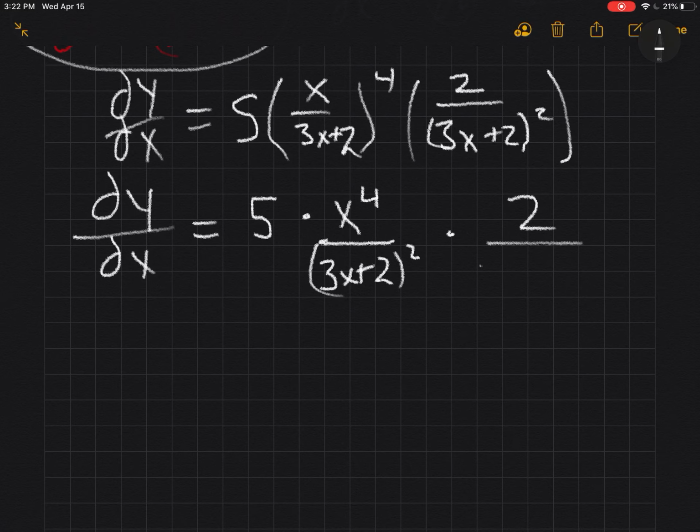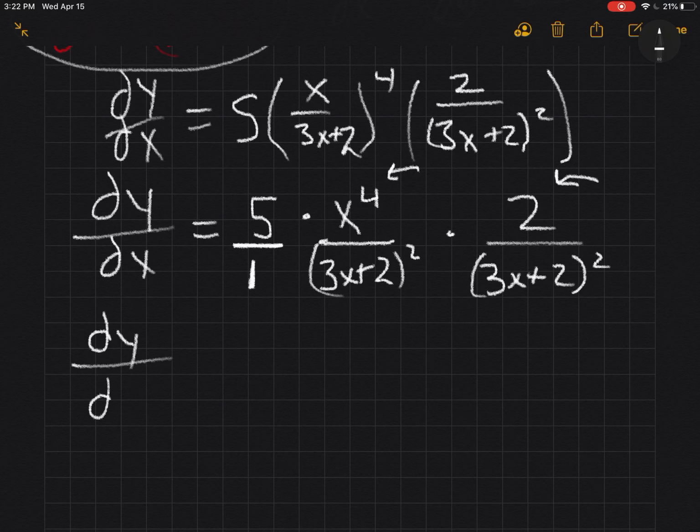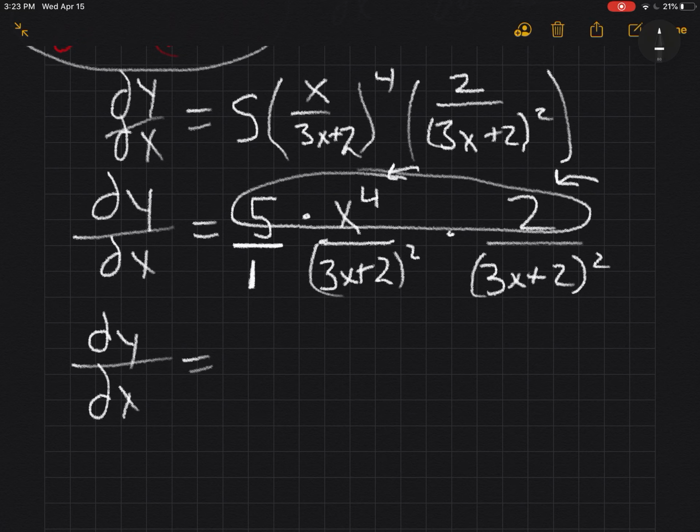So then we have dy over dx is equal to 5. I'm going to use my laws of exponents to say that this is 5 times x to the 4th over (3x plus 2) to the 4th power times 2 over (3x plus 2) squared.